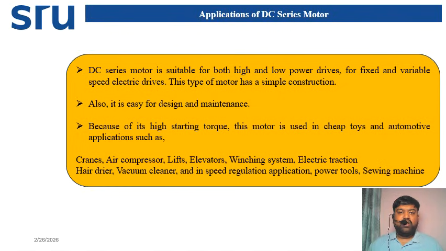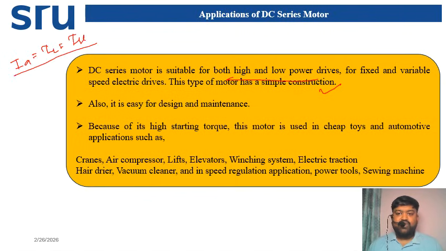The DC series motor is suitable for both high and low power drives, for fixed and variable speed drives. This type of motor has a simple construction because all the components are connected in series. It is very simple in design, and here the armature current equals the load current equals the series current.